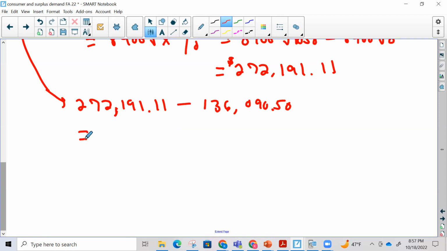Then we can subtract them, and my consumer surplus is $136,100.61. That's the total extra that consumers are willing to spend on this product over what they're actually spending.